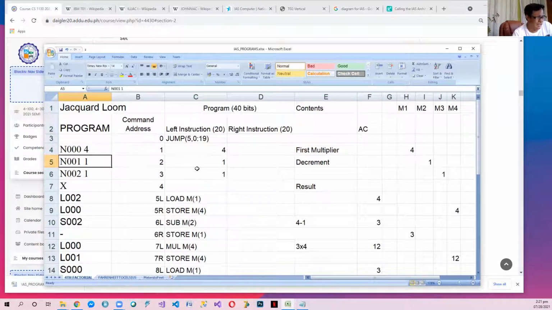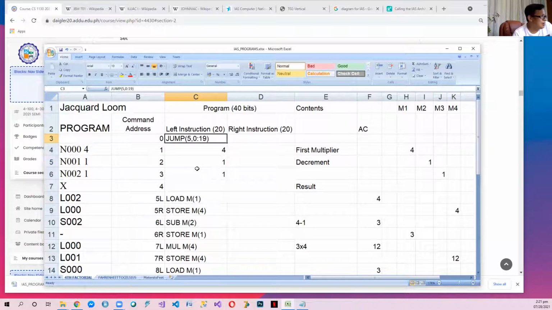Here we have a left and a right. Nowadays we don't do that anymore. So at N00, we arrange our cards. Now there's a jump. The first command is always a jump, even in the IBM PC. The first command is a jump which points to the first instruction.